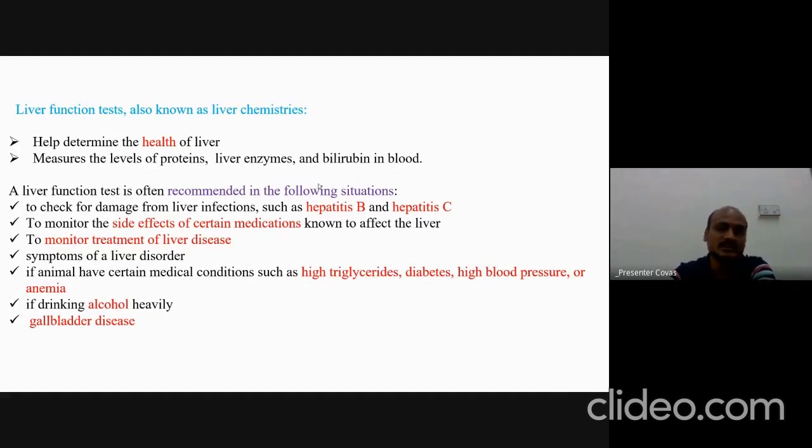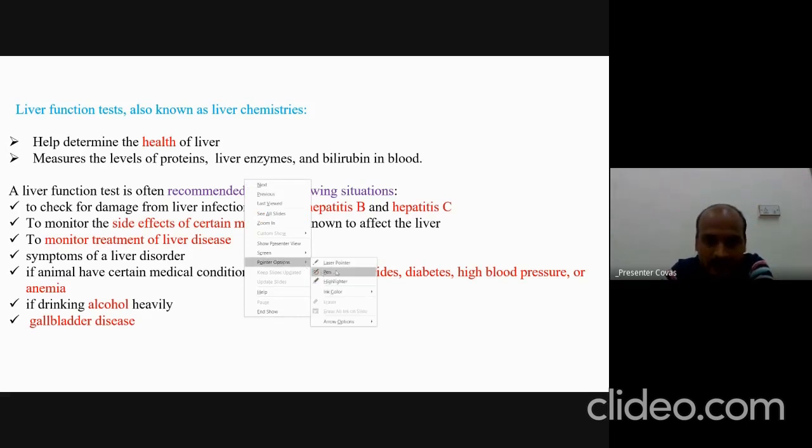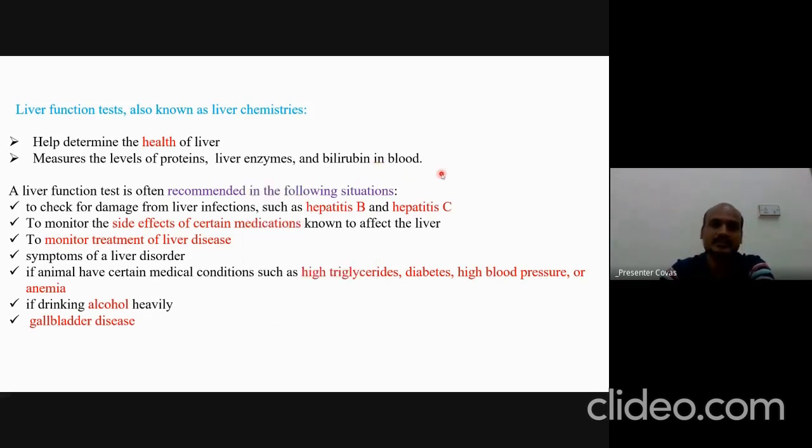So in which condition is liver function test recommended? It is recommended to check the damage of the liver in infections like hepatitis B, hepatitis C. In case of certain medications, for example, if you are giving acetaminophen to the animal, the liver enzyme concentrations, ALT, AST, may increase.